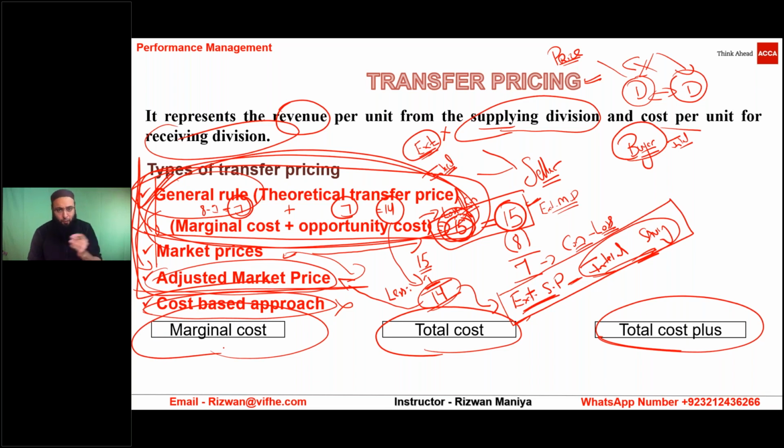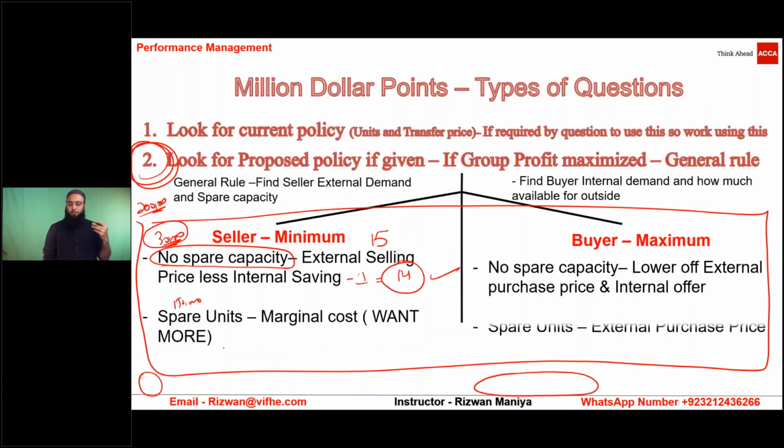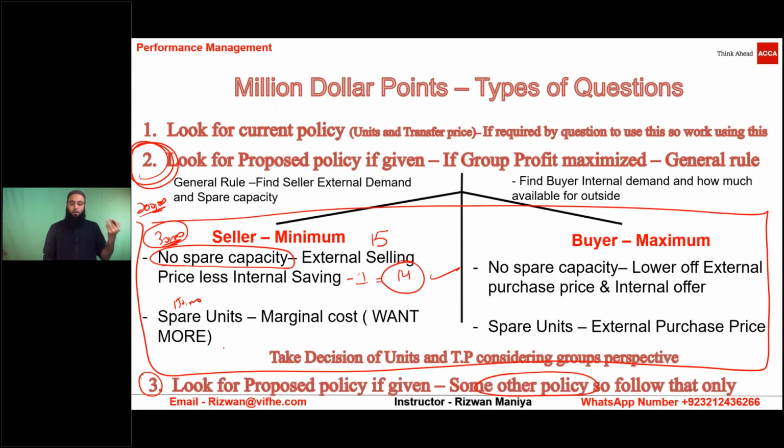If the group profit maximize wording is not used, and some other policy is given, for example, work out transfer based on marginal cost plus 30% profit, or full cost plus 20% profit, then just use that policy, whatever it is given, and work out the transfer price. So if some other policy is given, follow that only.